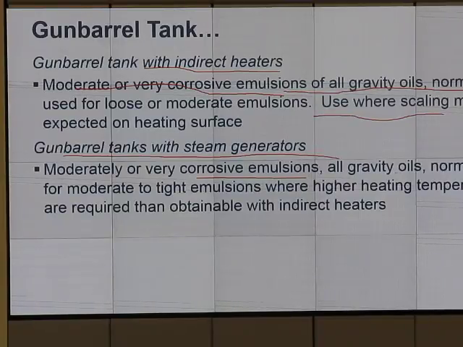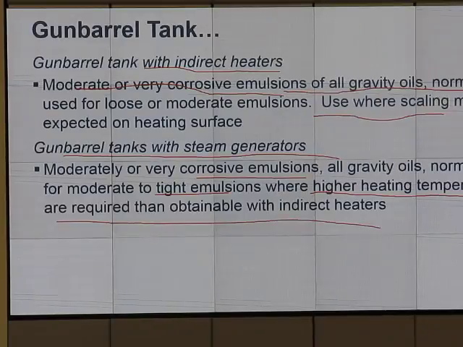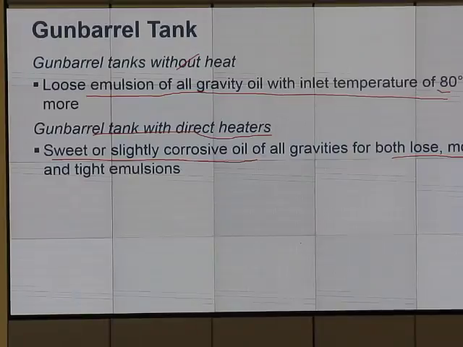This is for tight emulsion, where higher heating temperatures are required, obtained with an indirect heater. There are two kinds of indirect heater. If you want an indirect heater with a lot of heat, we use a steam generator. If we just have a sweet crude, we don't use any indirect heater. And if it is hot already, we don't even do any heating.